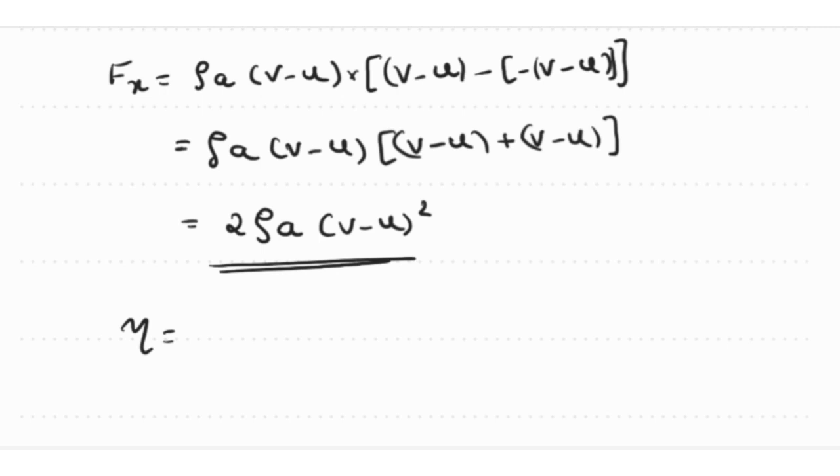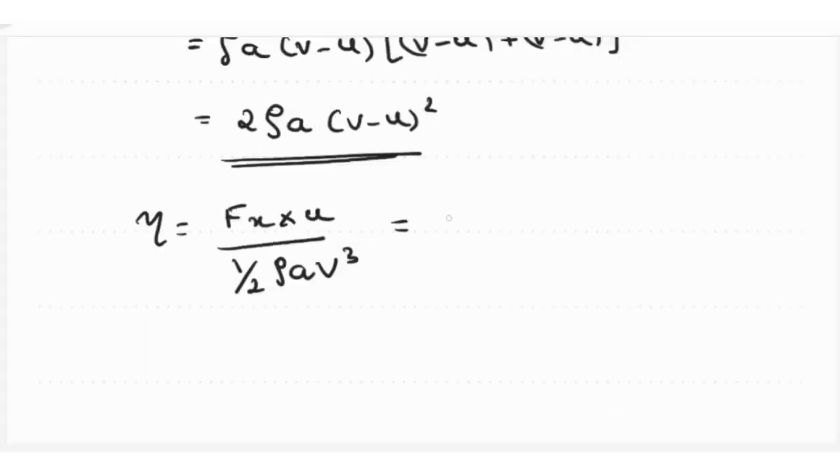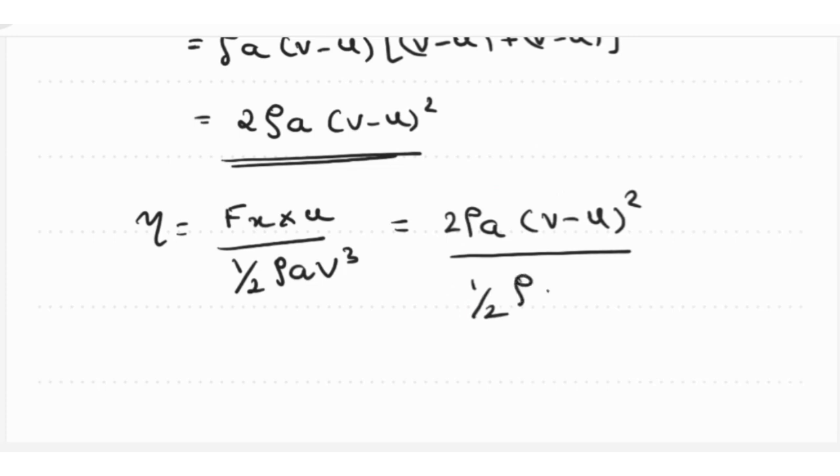Coming to the efficiency, we'll substitute the value. Efficiency is equal to Fx into u, that is output of jet. Input of jet is kinetic energy, so half into rho into a into v cube. So equal to 2 rho a v minus u whole square into u, divided by half into rho a into v cube.